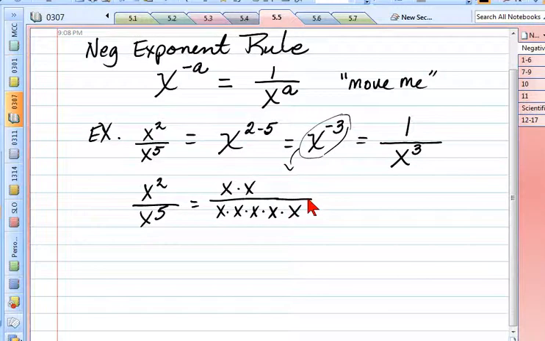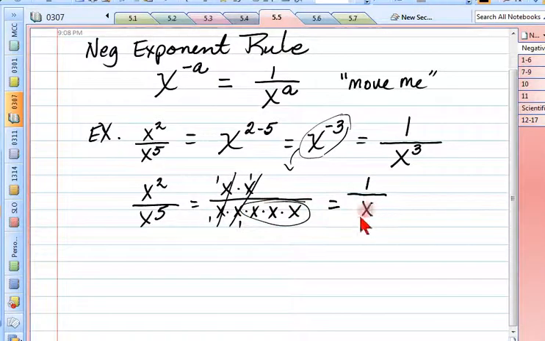And can I reduce that fraction? Yes. Common factor, and every time I divide out a common factor, what am I really leaving behind? Little ones that I get real lazy and I don't write. So what does that leave me with in the numerator? A 1. And in the denominator I have 3 factors of x.